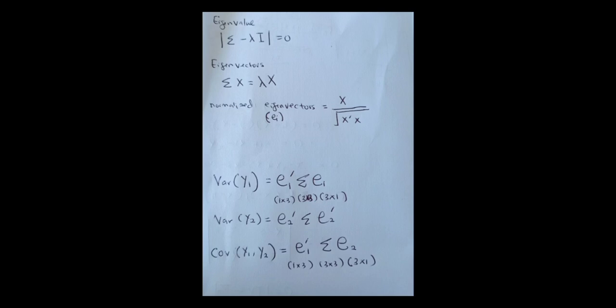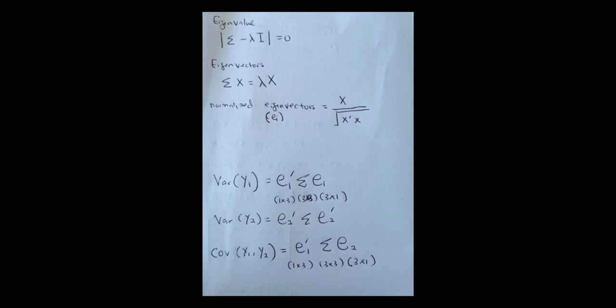Okay, so yang kita nak cari the formula to find the principal components tadi, kita nak normalize eigenvector kan EI. So this is the formula. The eigenvector divide dengan square root of X transpose X. X ni ke atas ni adalah eigenvector yang you dapat when you use this formula.